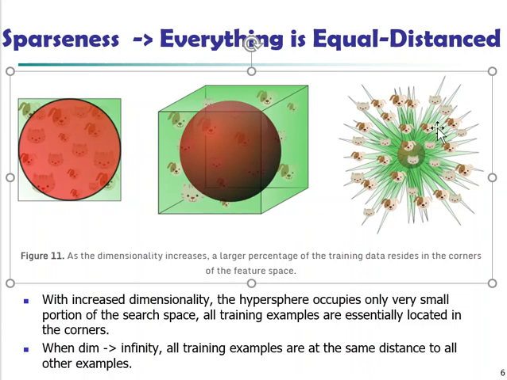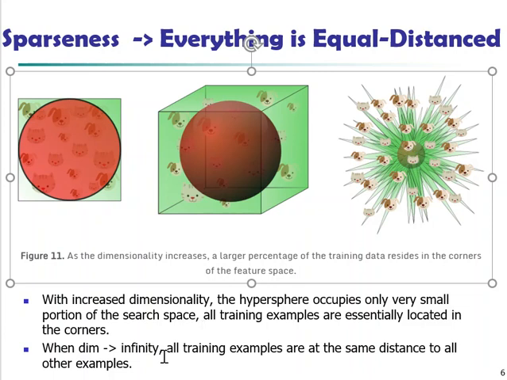What you can see is that with higher and higher dimensions, the ball at the center that touches all the surfaces of your subspaces becomes smaller and smaller relative to the entire feature space, which means all your training examples are going to be essentially located in the corners. They're all very far away from each other.